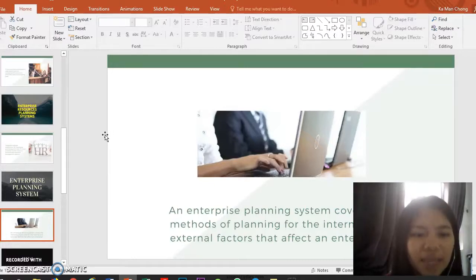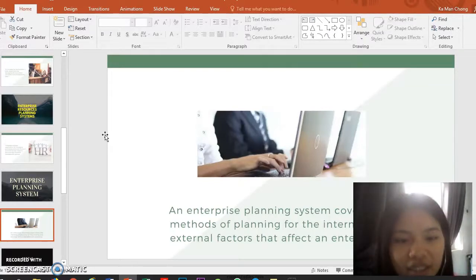PESTLE refers to political, economic, social, technological, legal, and environmental factors. Regularly addressing PESTLE factors falls under operation management. Meanwhile, addressing any event, opportunity, or challenge in any one or many factors for the first time will involve project management.